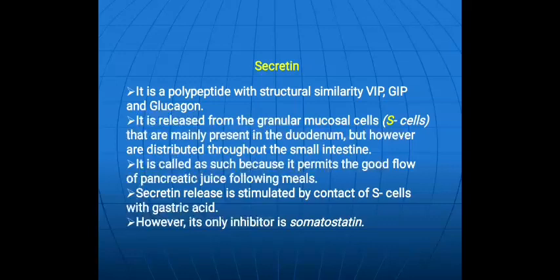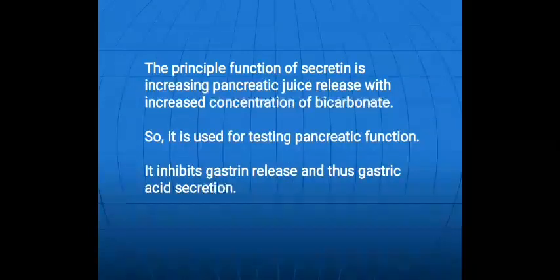However, its only inhibitor is somatostatin. The principal function of secretin is increasing pancreatic juice release with the increased concentration of bicarbonate. دائما نتذكر بأن أكثر محتويات البنكرياتيك جوس هي البايكربونات، ومن اسمه secretin يساعد على السكريشن.